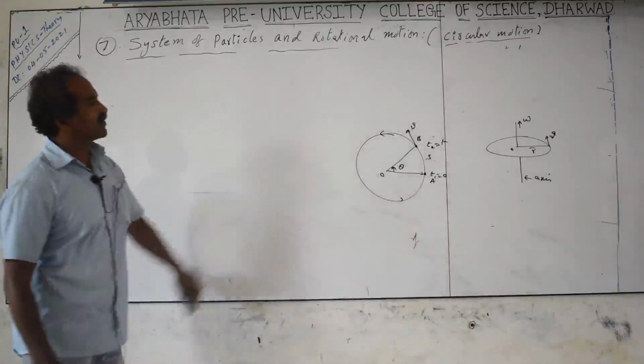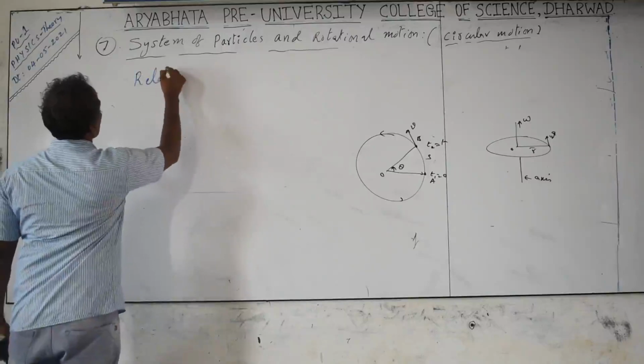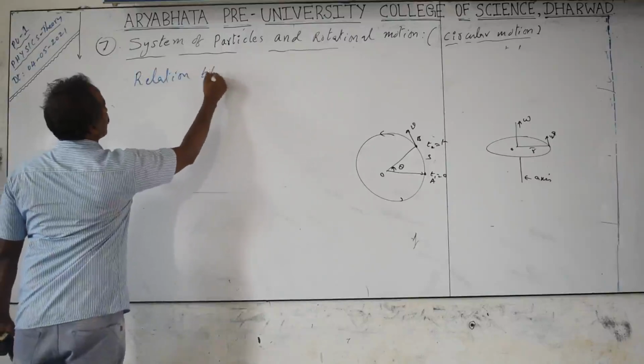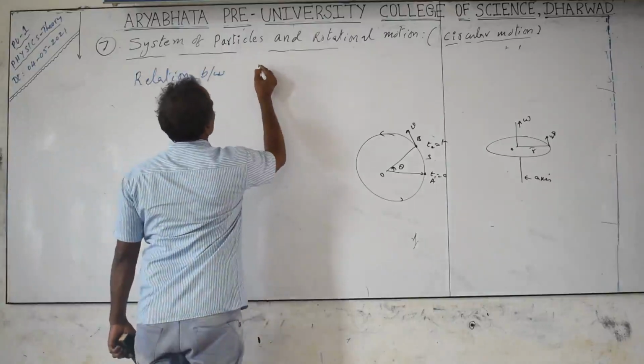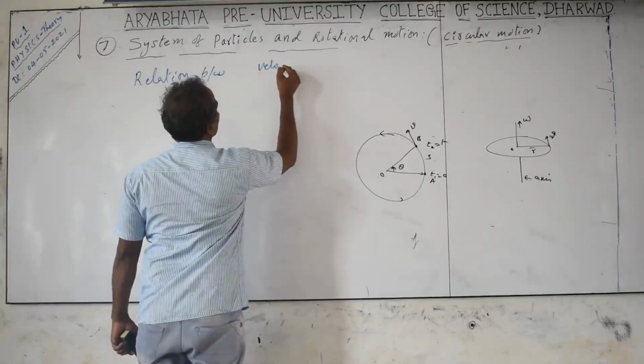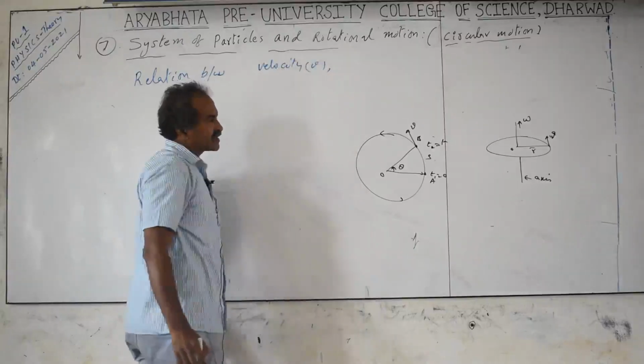Next is the relation between speed or linear velocity v, or you can call it the speed terms also.